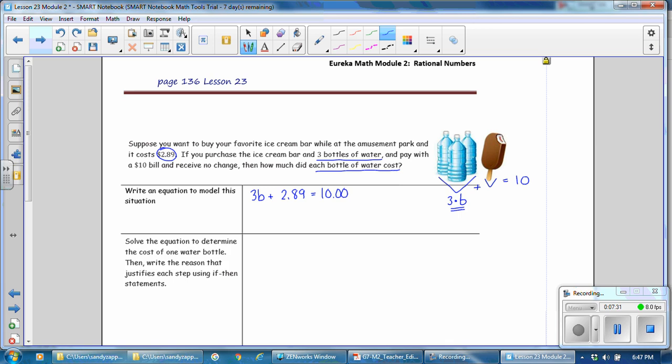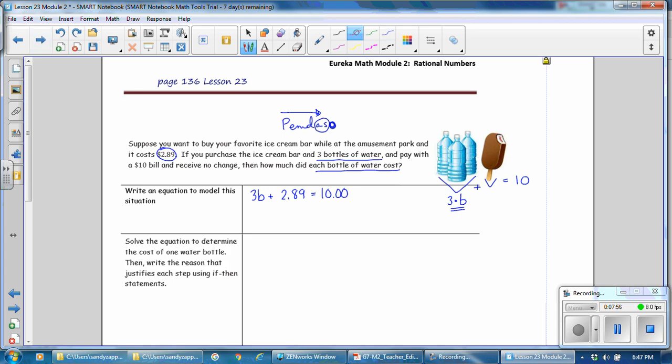Now, remember that we're doing PEMDAS in reverse, and we check to see if we can simplify first, and there is nothing to simplify because 3B and 2.89 are unlike terms. They cannot be added together. So then we go in the opposite direction, doing the opposite operations. So we're going to undo any addition and subtraction. Here we have adding 2.89.